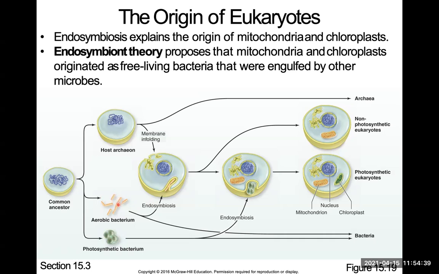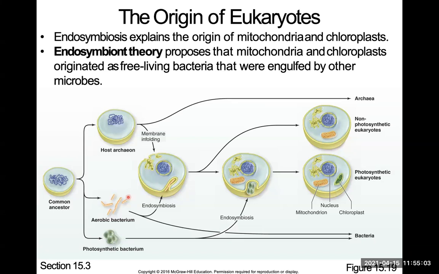But because this bacteria is very efficient in producing ATP, it said, let's make a deal here. Let's do a bargain. I will give you a nice, safe place to live. In return, you can give me ATP. So that's how the organelle mitochondria came around in eukaryotic organisms.